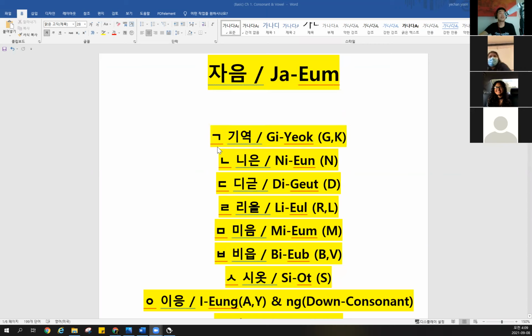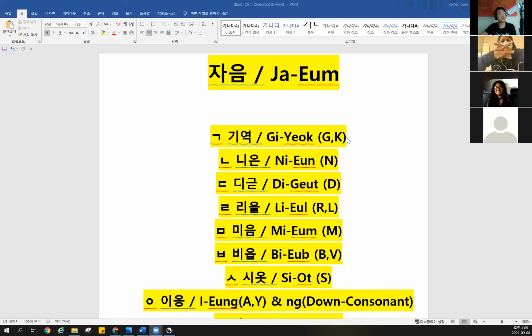기역, 기역. You can pronounce it with a g sound, g, g, but you write it with G and K for the letter. The K's pronunciation is like k, right? But in Korean, we don't usually use the k sound in different words.